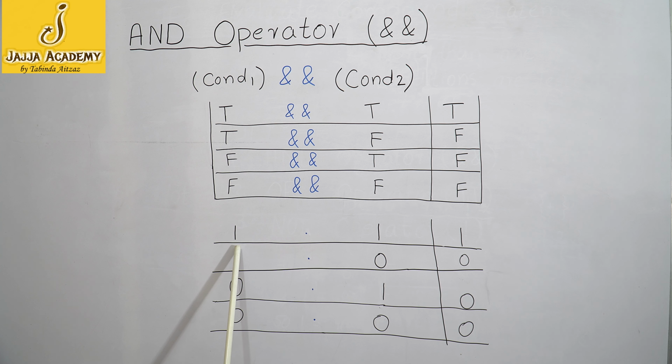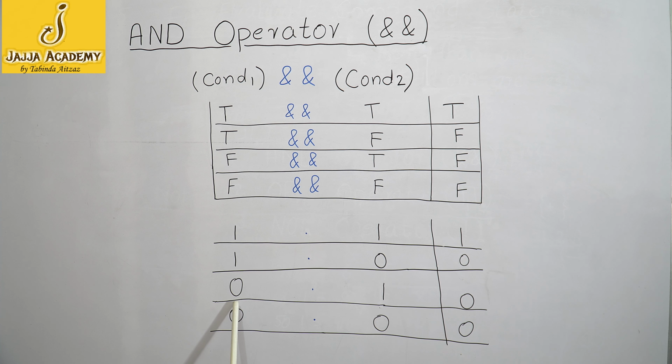In this truth table, I have shown true as 1 and false as 0. If the condition 1 returns 1, it means if the condition 1 is true and the condition 2 is true, we simply take product of these two values, which is equal to 1. 1 multiplied by 1 is equal to 1. Next, if the condition 1 is true and condition 2 is false, it will return 0. It will return false. Simply, if you take product of these two values, it will produce 0 result.